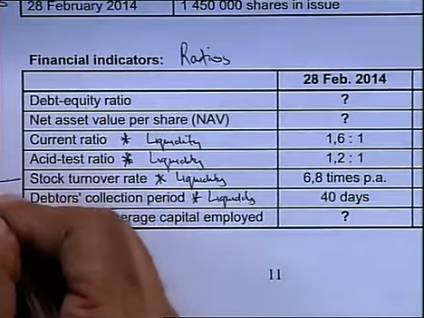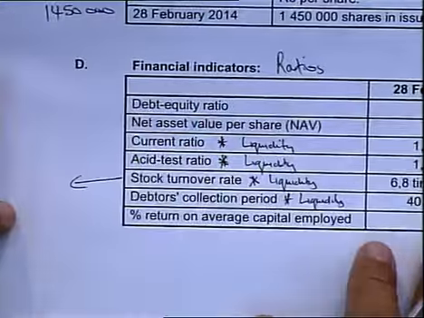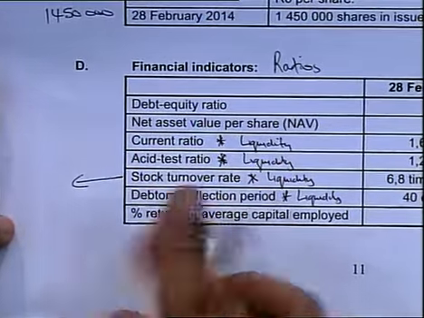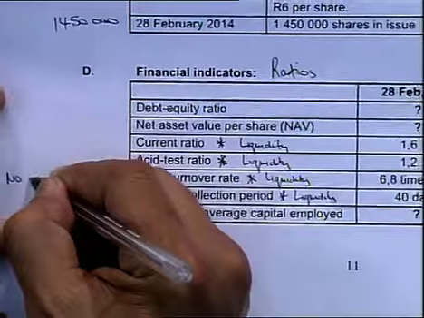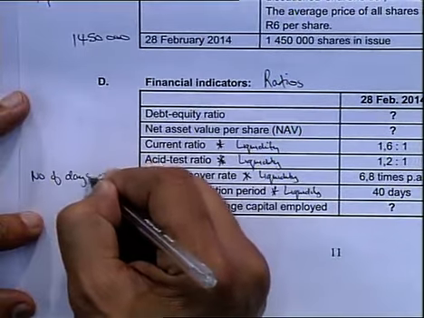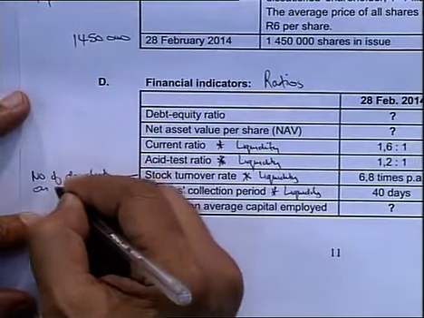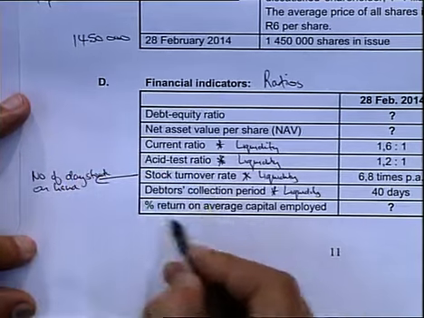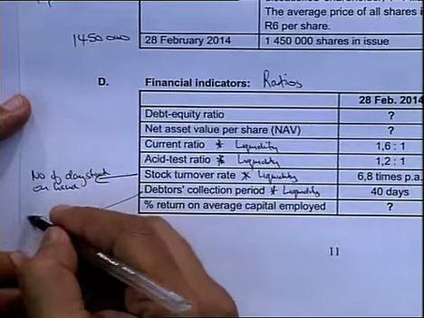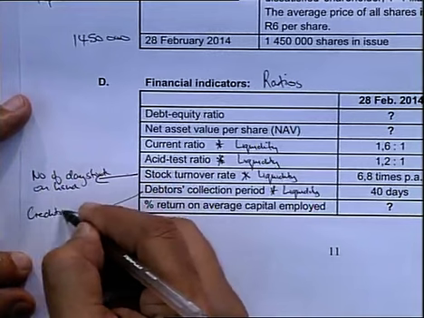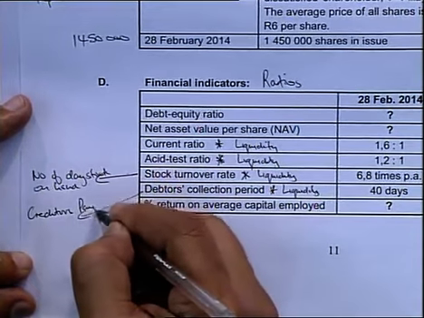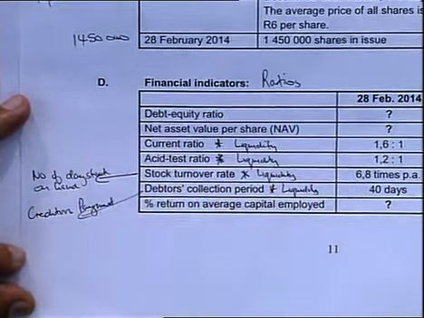So what's the other 2? Normally it's the one that's got to do with stock, so that's the stock turnover, the number of days stock on hand. And this debtors collection. So the other one has to be creditors payment. And that's the 6.